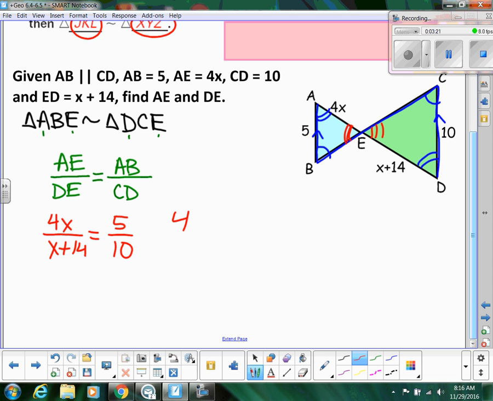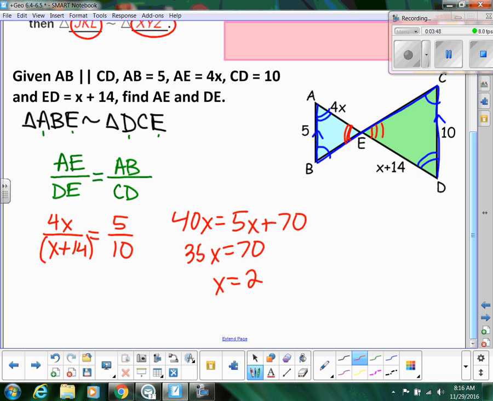So that's 40x equals 5 times x plus 14, so make sure to distribute the 5: 5x plus 70. Then subtract your 5x, and we get x equals 2.